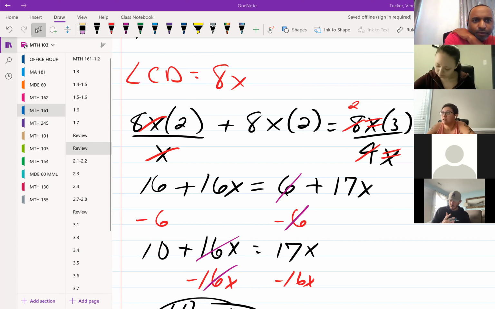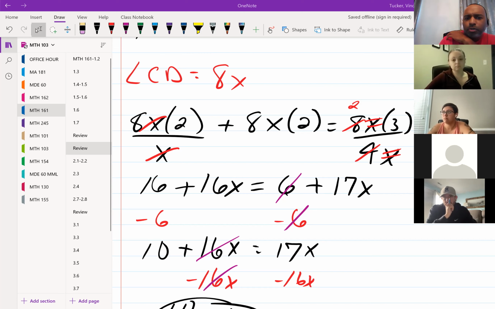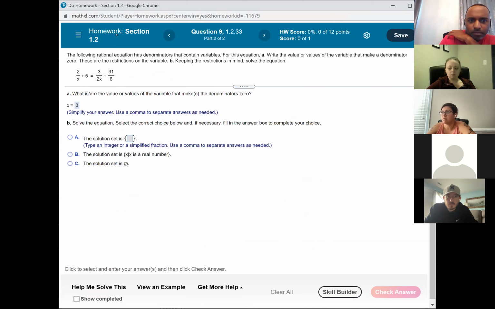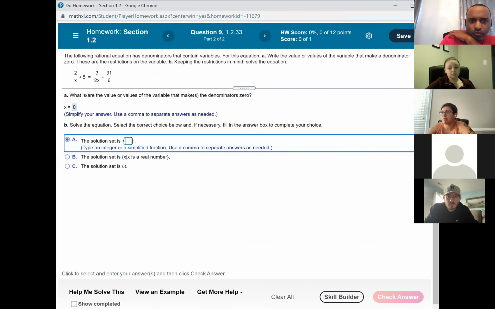All right, so now the first one is actually about restrictions. So you said you did answer the first one, and I'll show you guys what I see. Were you answering the first part of the question? Because in the second half of the homework, it asks you what the variable can't be first, and I actually made that mistake on my first question. Right.